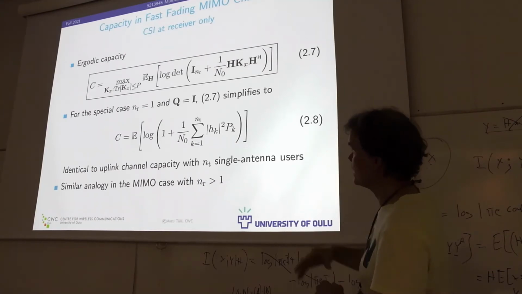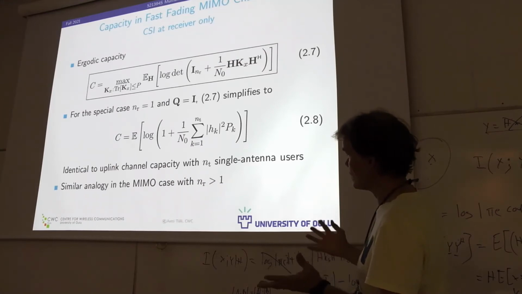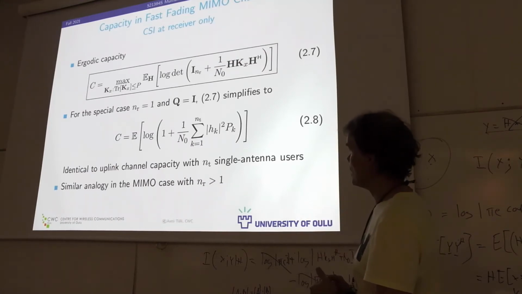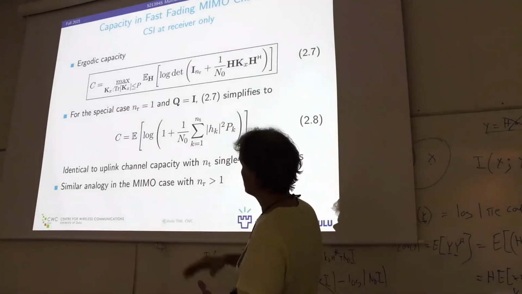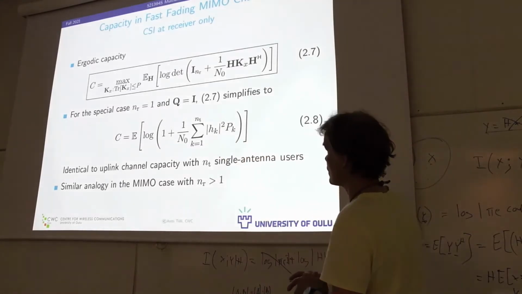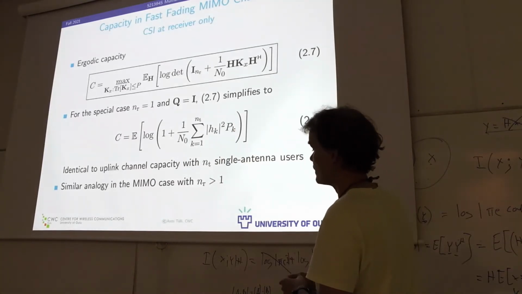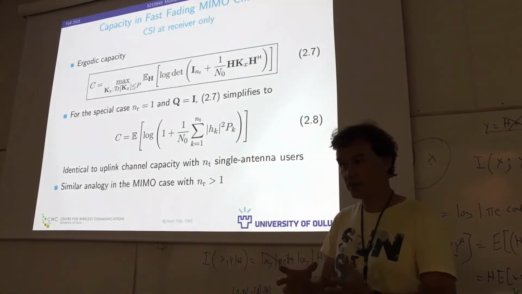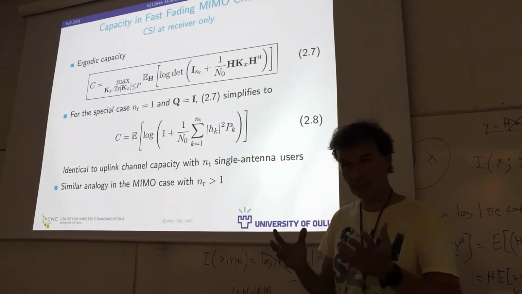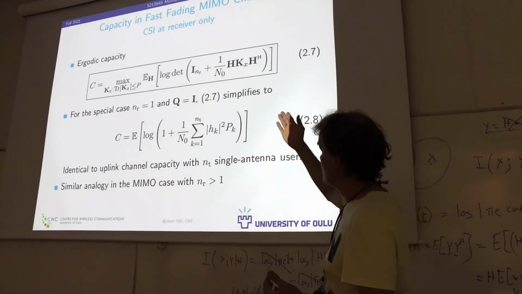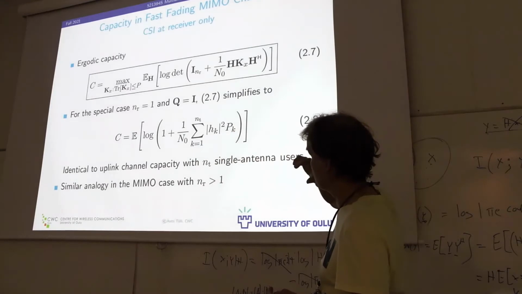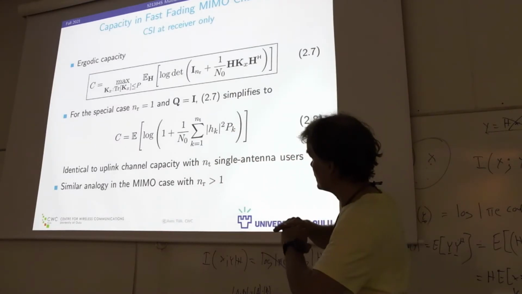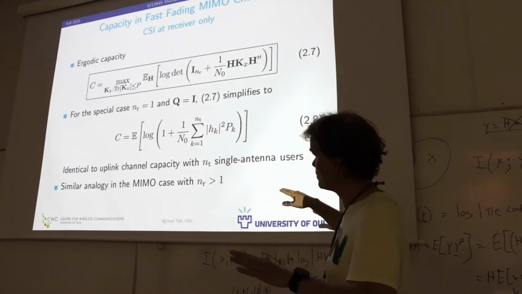But this is the definition of the ergodic capacity: the average over all channel realizations. If you can do this over the whole fading process, that is another case. So when you're plotting figures for a MIMO channel, there also we should actually carry out the optimization over all possible fading states.